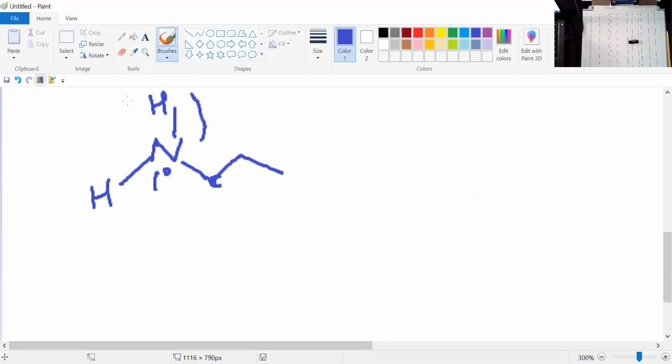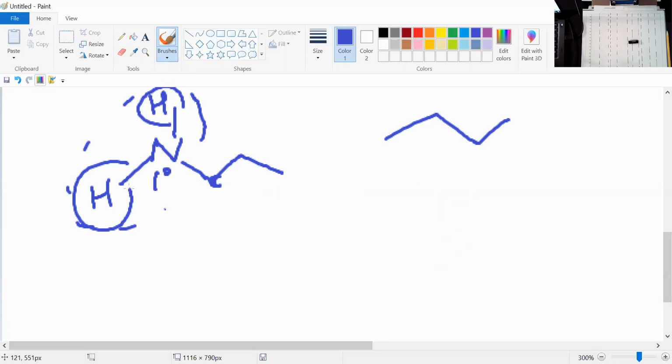The amine takes preference over a simple alkene. A primary amine has two hydrogens on it, whereas a secondary amine will have two carbons on it and only one hydrogen on it.